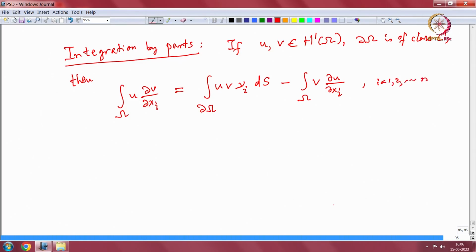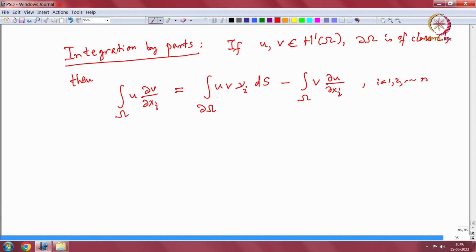Now using this integration by parts formula and some manipulation, you can derive the divergence theorem, and with more assumptions on u and v you can derive Green's formula, all those things. So there is absolutely no problem.